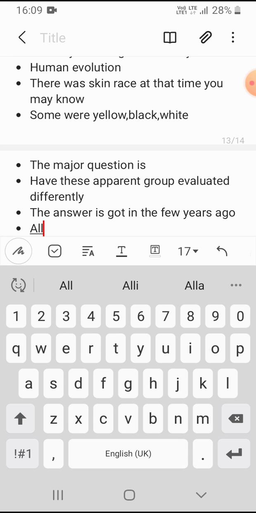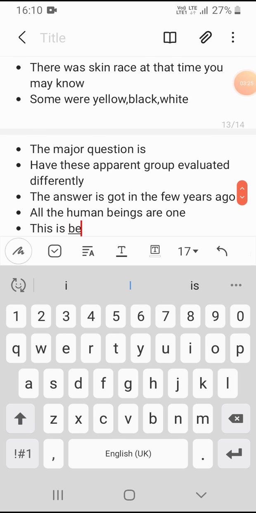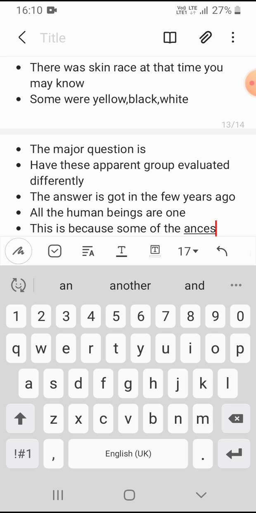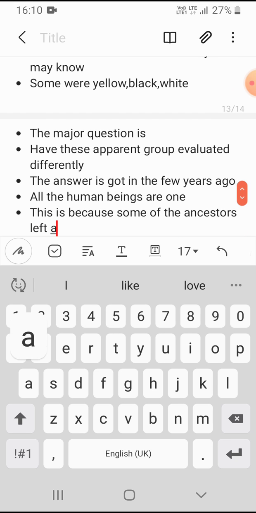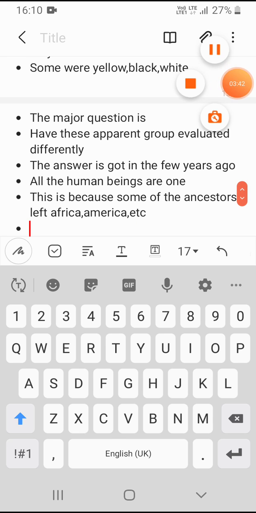What is that? All the human beings are one. This is because some of the ancestors left Africa and came to other places, like America and others.